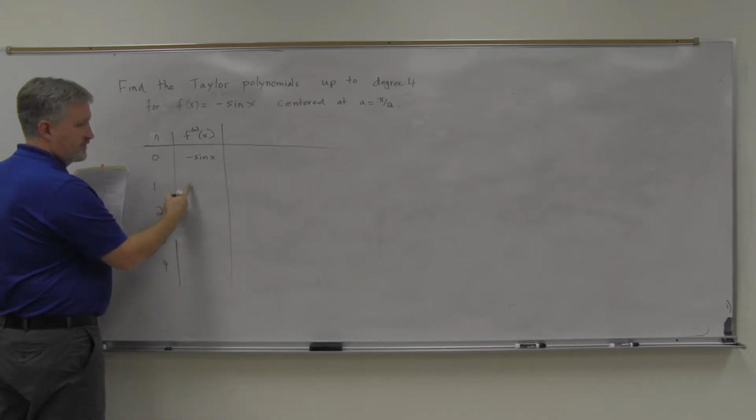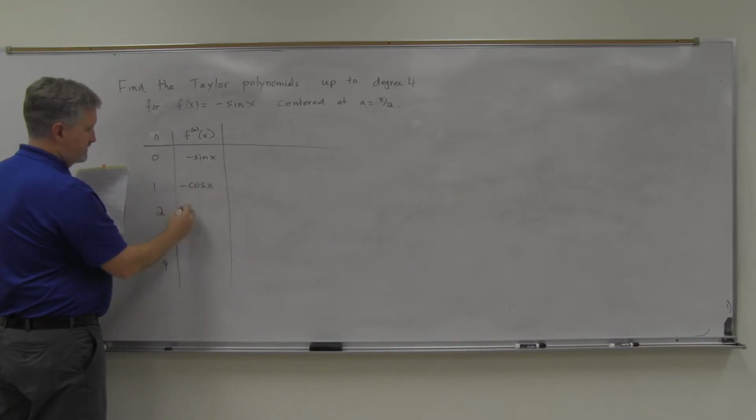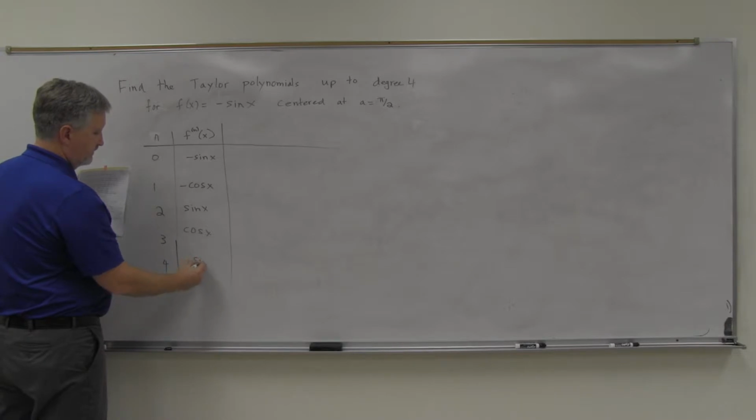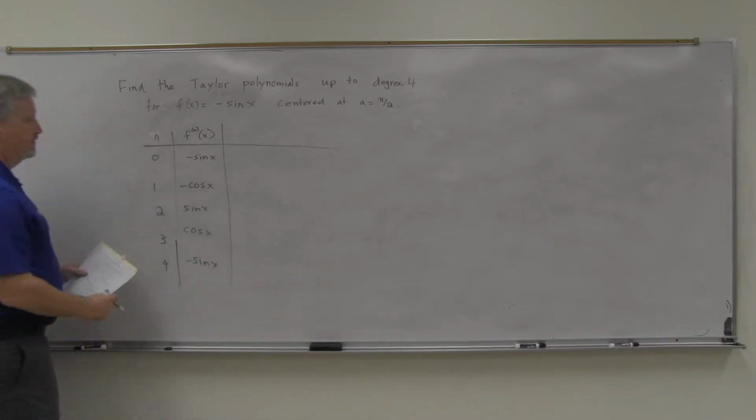This would be the derivative of that, which is negative cosine of x. And then this would be the derivative of that, which is positive sine of x, then the 4th derivative would be negative sine of x, back around here.